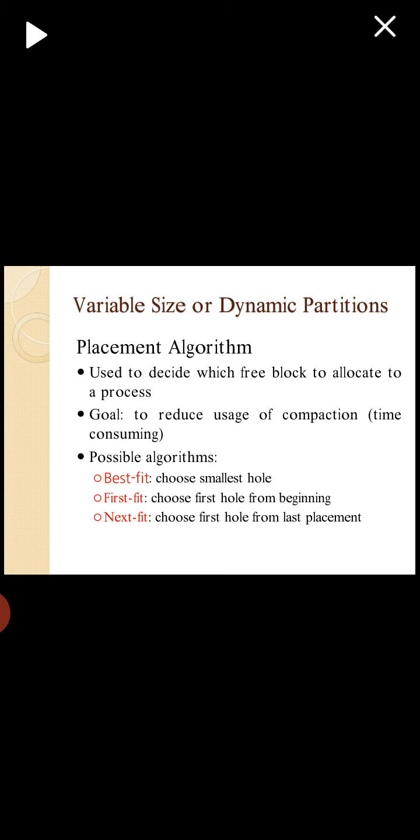The goal of the dynamic partition placement algorithm is to reduce the use of compaction, which is time consuming. For that purpose, some possible algorithms are referred to. It includes best fit, that chooses the smallest hole. Next, first fit, that chooses the first hole from the beginning. Next fit chooses the first hole from the last placement. That we will see later.